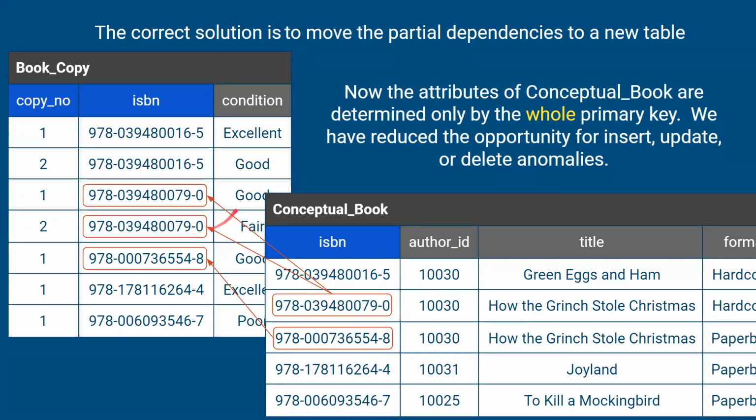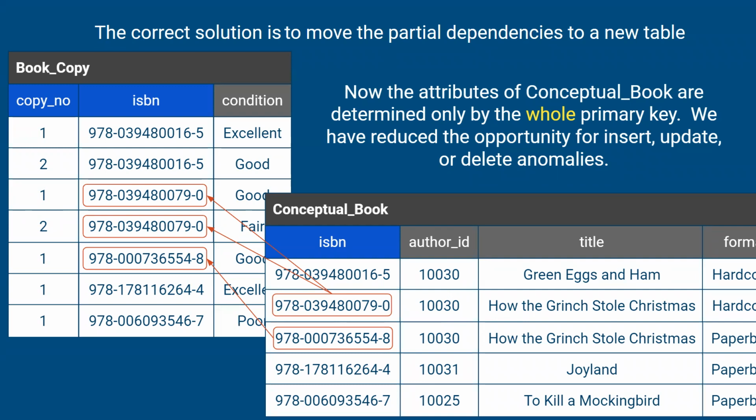And when we have to split over here to get the condition of the physical book, we're getting that with our condition, but that's happening in a different table. So because now our information only depends on the whole primary key, we haven't eliminated the anomalies, and we're only in second normal form. By the time we get to third normal form, we will have drastically reduced those anomalies, maybe even eliminated them all. But we're headed in the right direction.